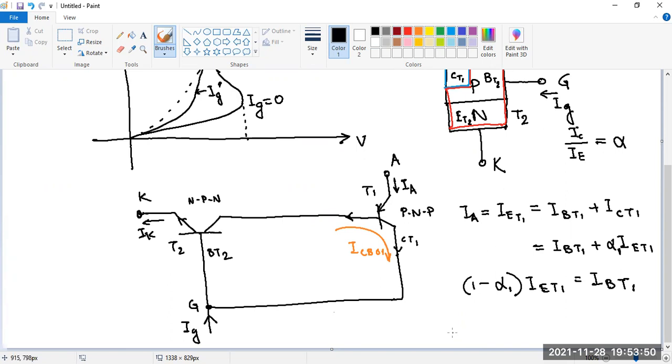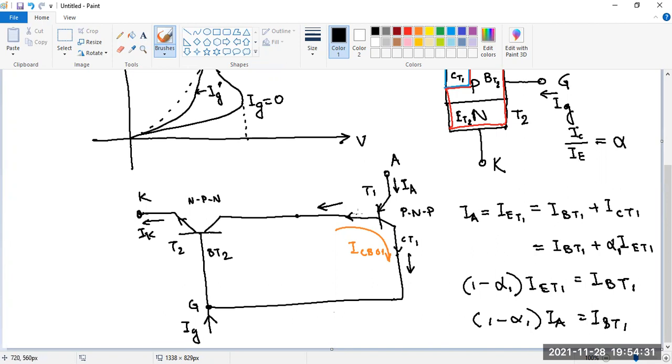So if we consider that, what will be the current actually flowing here, and what will be the current flowing actually here? Let me know. So actually the current is IBT1, or 1 minus alpha 1, times IA also, because we have already said that this is equal to IA.